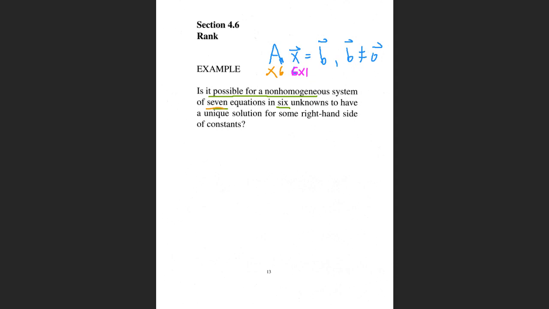Every row represents an equation, right? If you think about the augmented matrix for A times x equals b, every row represents an equation. So if you need 7 equations, you're going to need how many rows? Come on, somebody give the answer. Don't be afraid.